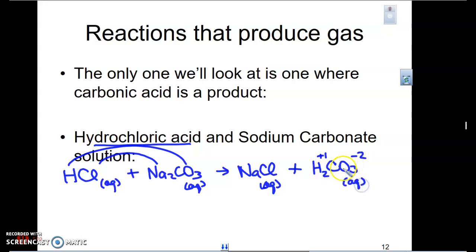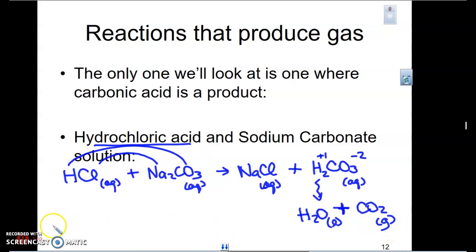Now, you might be tempted to say that's aqueous, and you should. But what's interesting about this is that H2CO3 immediately breaks down into carbon dioxide gas and water liquid. Okay, now the chemistry there is a lot more complex, but for our purposes, we just are going to talk about liquid water being formed, carbon dioxide gas being formed.